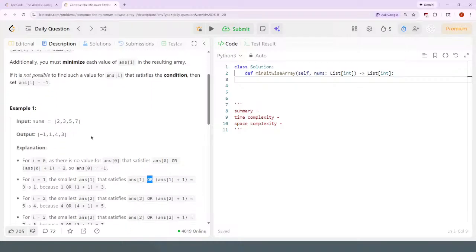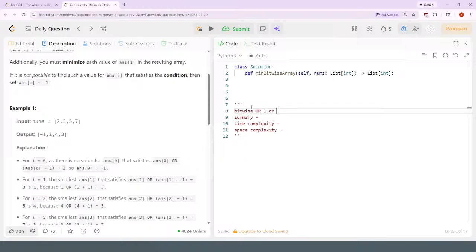So if you do 1 or 2, that would be in binary 01 OR with 10, which is going to equal 11, which is 3.